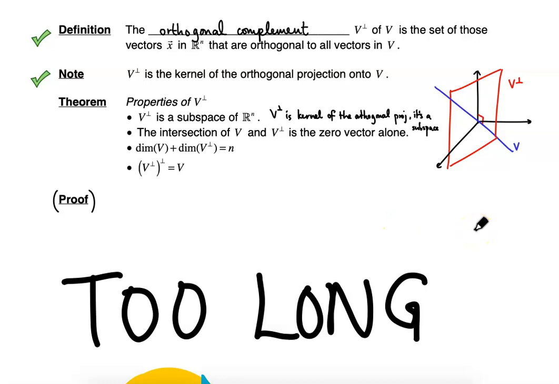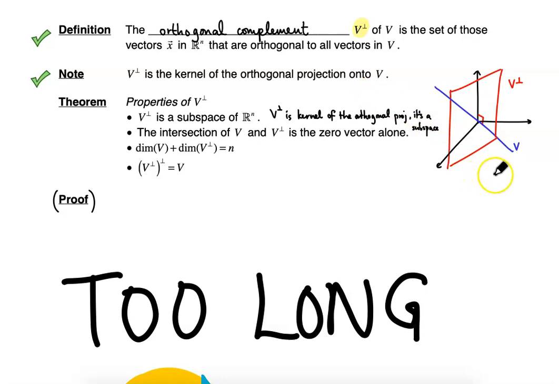Good news. The definition: the orthogonal complement of V is written V perpendicular like that, and it is made of all the vectors that are perpendicular to subspace V. And what's interesting to know is that V perpendicular is actually the kernel of the projection.